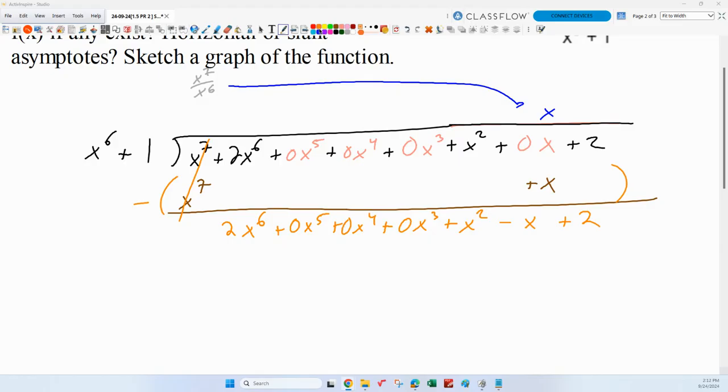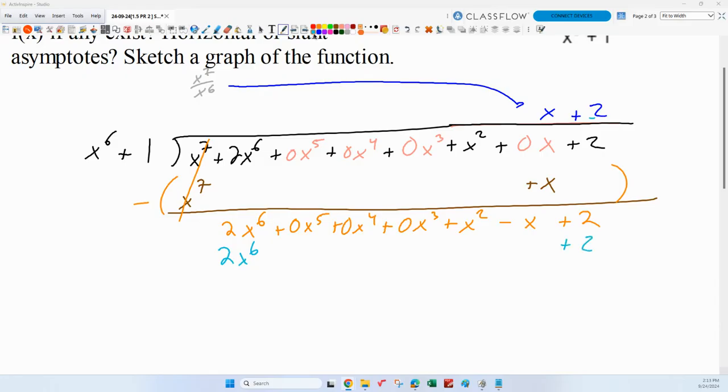Okay, now what? Okay, what do I get? 2. Leading term inside divided by leading term outside is 2. Distribute the 2, and we get what? If I distribute the 2, we're going to get 2x to the 6th, and then I'm just going to get plus 2.